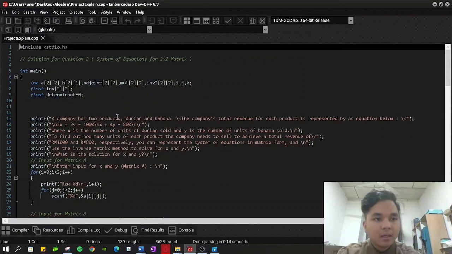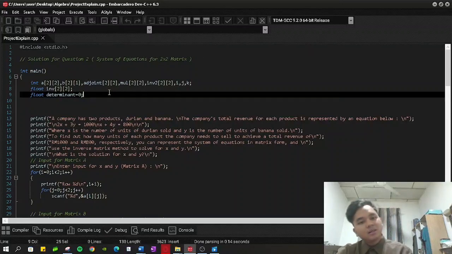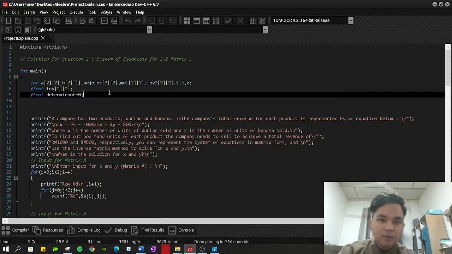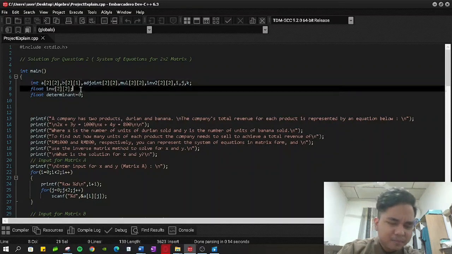Okay. Solution for question 2, system of equations for 2 by 2 matrix. This programming is only for 2 by 2 matrix. As I explained, this is the declaration.